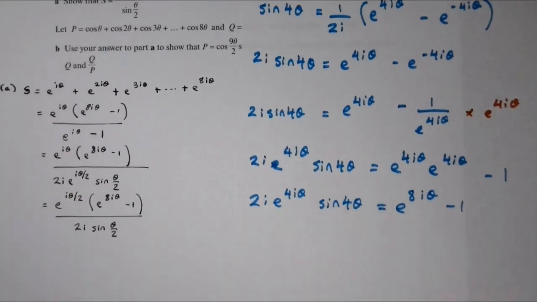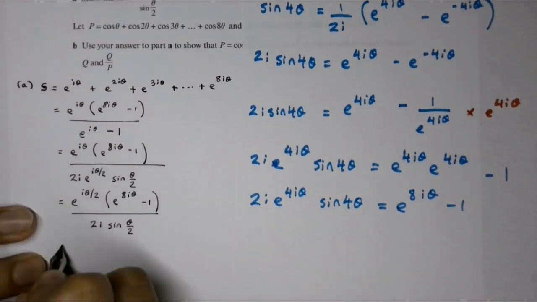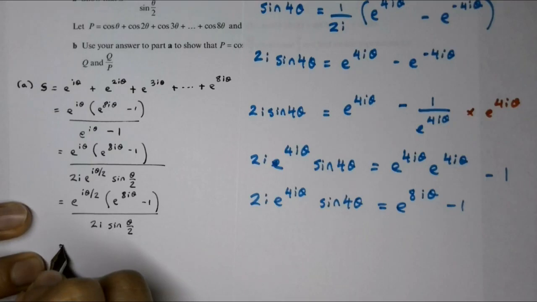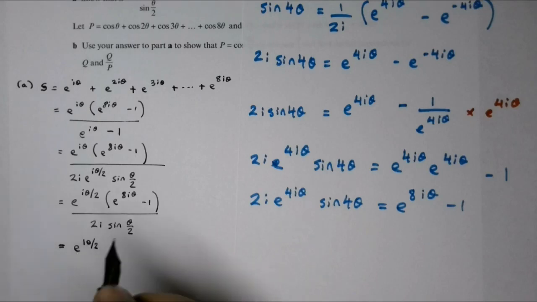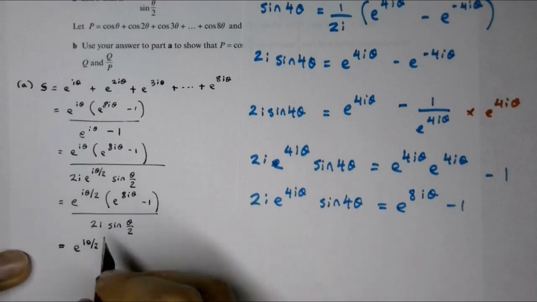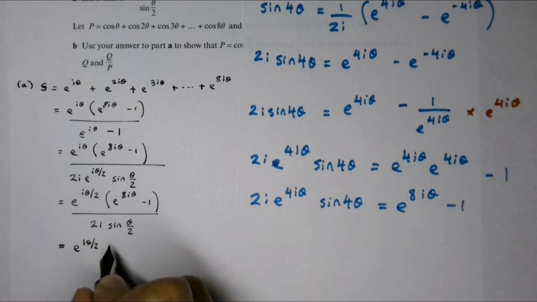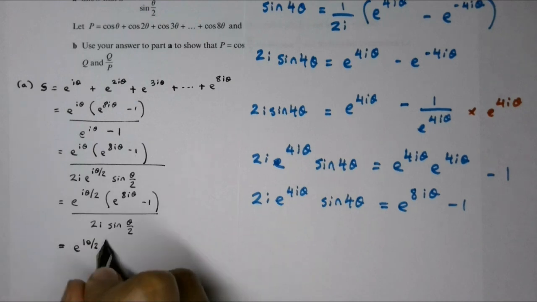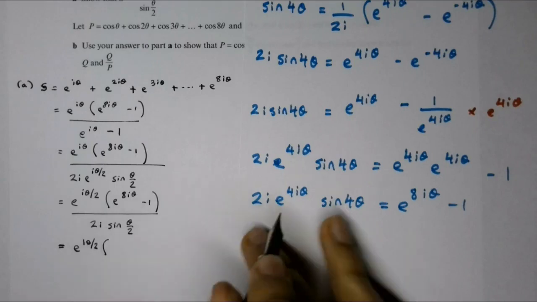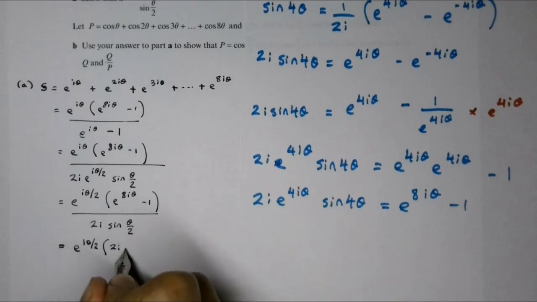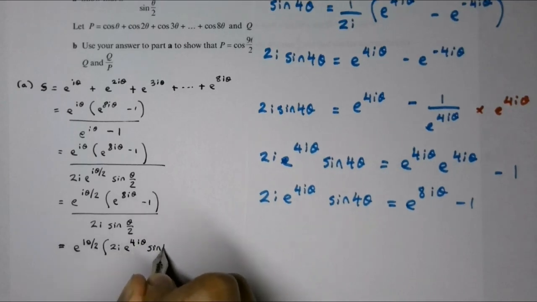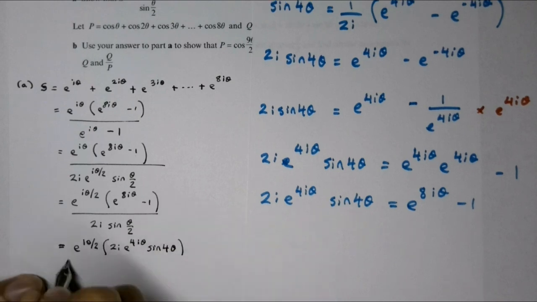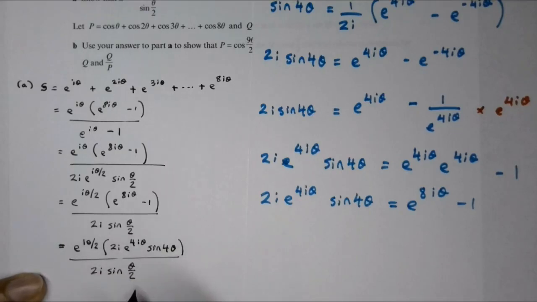So if we do that, we have e to the i theta over 2, we'll leave that alone for a second. But this bracket over here, hopefully you can see that's just, as we said over here, 2i e to the 4i theta sine 4 theta, and on the bottom we have 2i sine of theta over 2.